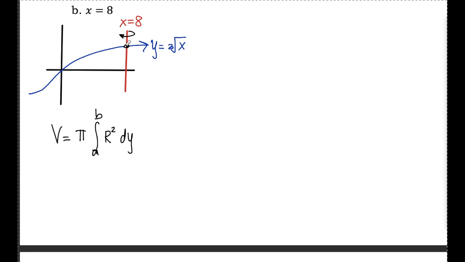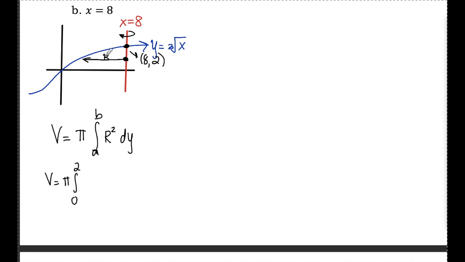If I know that this is the line x equals 8 and this point lies on the cube root of x, I know that this is the point (8, cube root of 8), or (8, 2), which means the bounds on this integral will be from 0 to 2. Now, when I figure out capital R, again, it is always the distance from the axis of rotation to the farthest side of the bounded region.